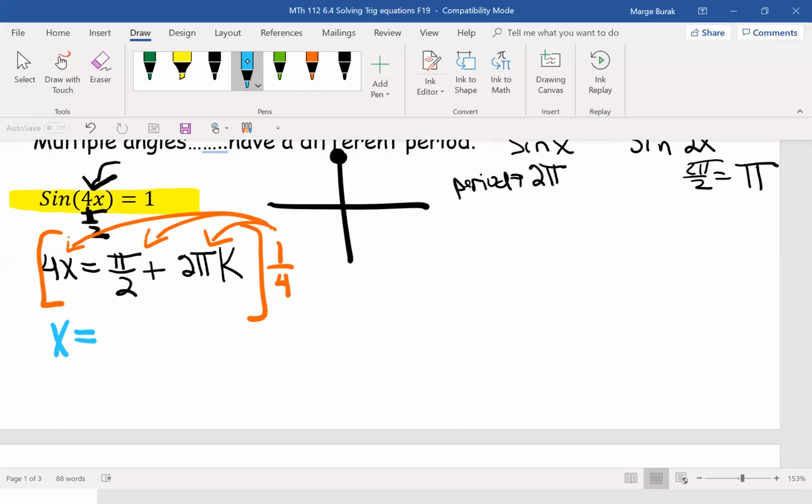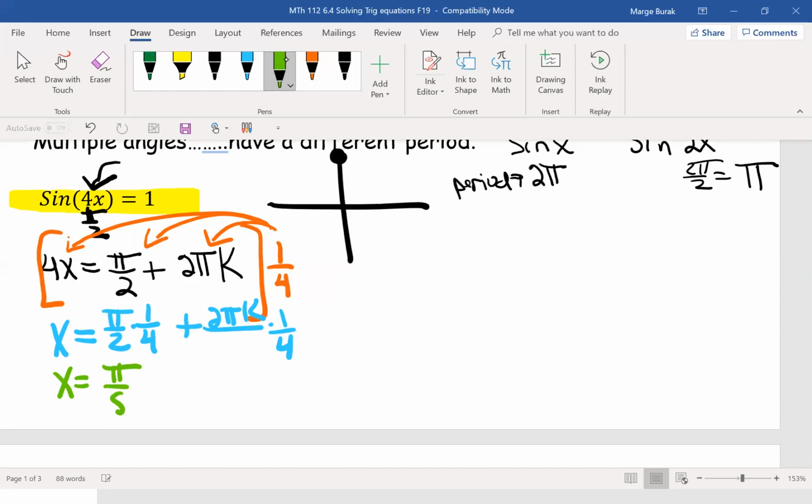Okay, but what's 1/4 times pi over 2? Pi over 2 times 1/4. And then I'm going to have 1/4 times 2 pi k. Okay, so let's simplify these out. So this becomes x equals now pi over 8 plus, and the 2 and the 4 will cancel, and I will get pi over 2 k.